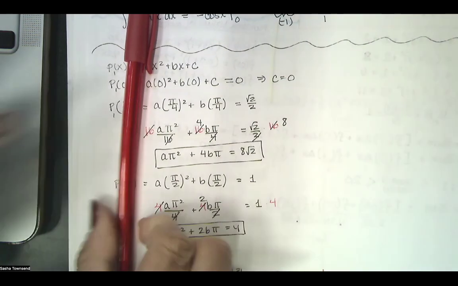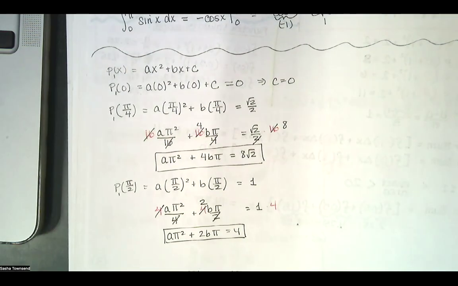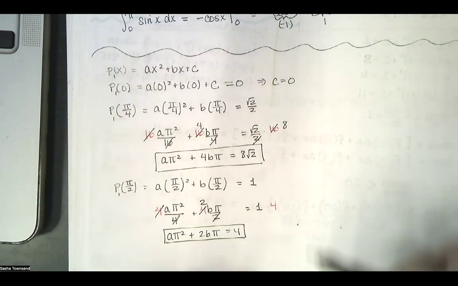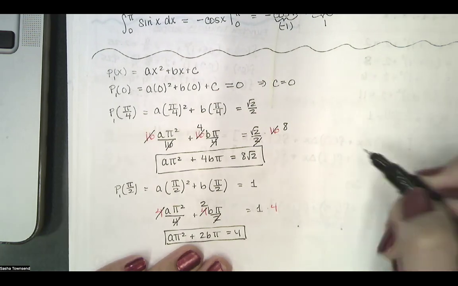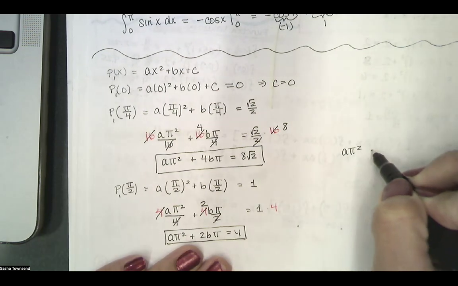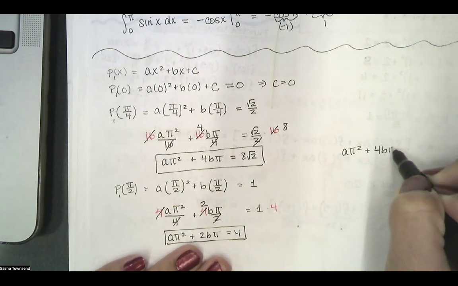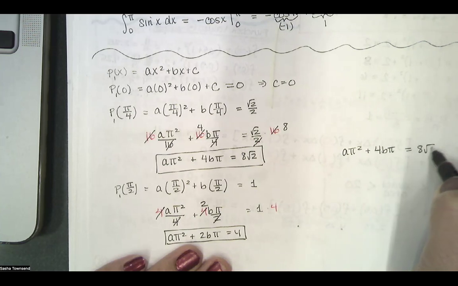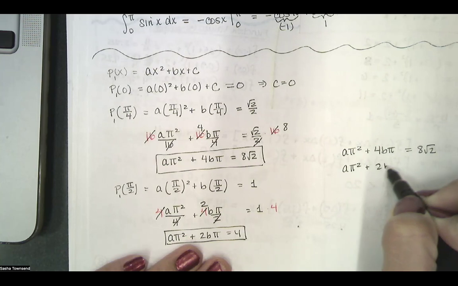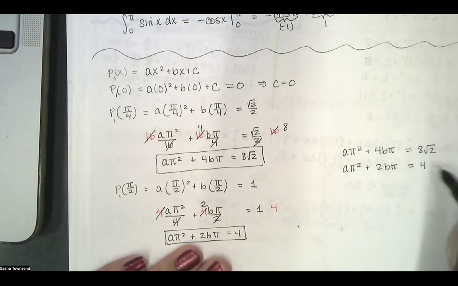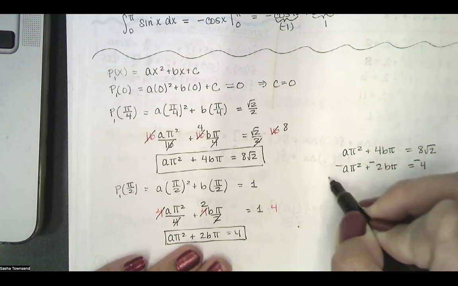So we've got 2 equations and 2 unknowns. If I solve those 2 equations for a and b, then I'll know my polynomial for those first 2 intervals. So I've got a pi squared plus 4b times pi equals 8 times the square root of 2, and a pi squared plus 2b times pi equals 4. We can subtract those.